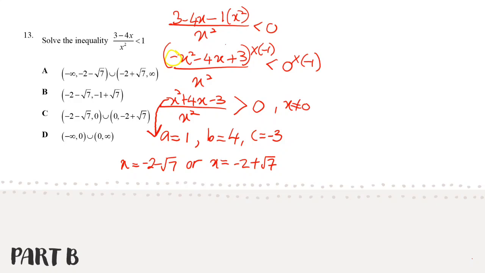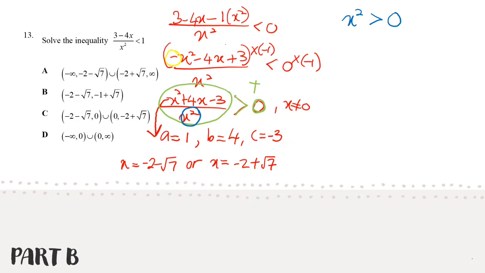So what you have to do next is, by looking at the expression, this one always greater than 0. Greater than 0 means that it is positive. So by looking at the denominator part, it is x squared. So x squared is always positive, which is greater than 0 for any values of x.